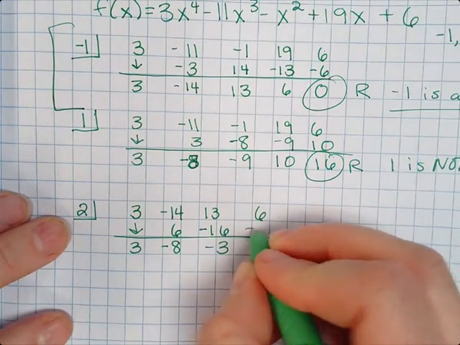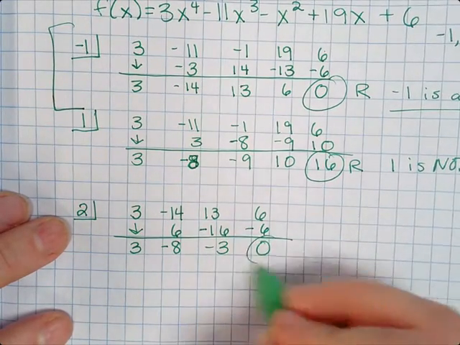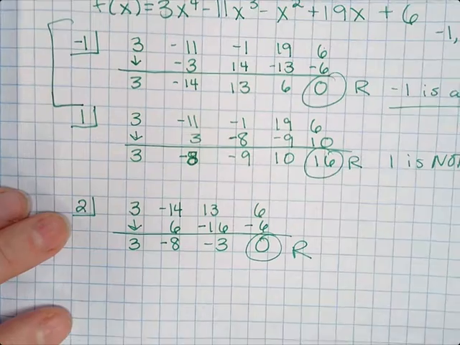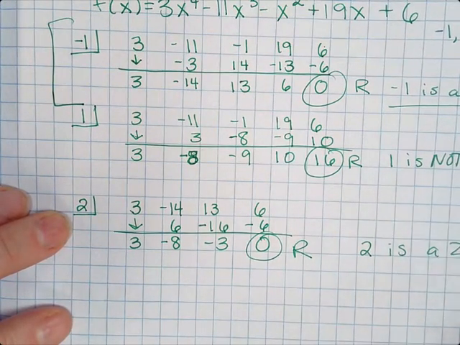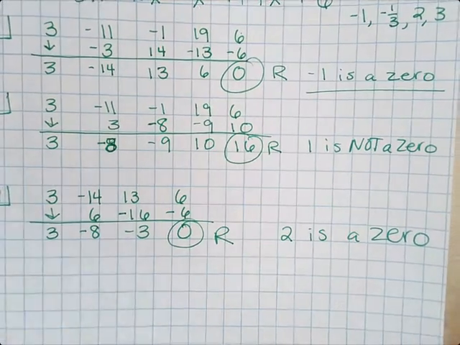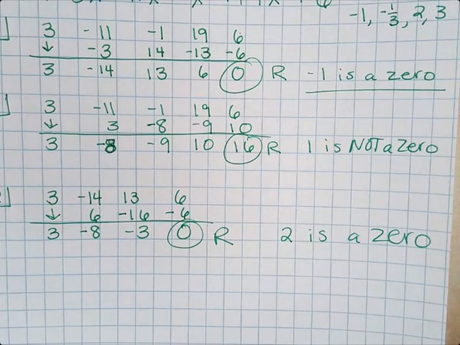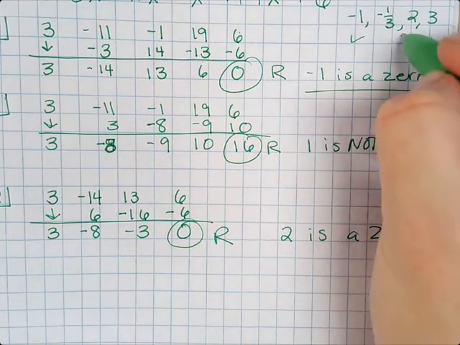And then when we multiply, we get -6, which is 0. 0 remainder. So that means 2 is a 0. So we've shown -1 and 2.